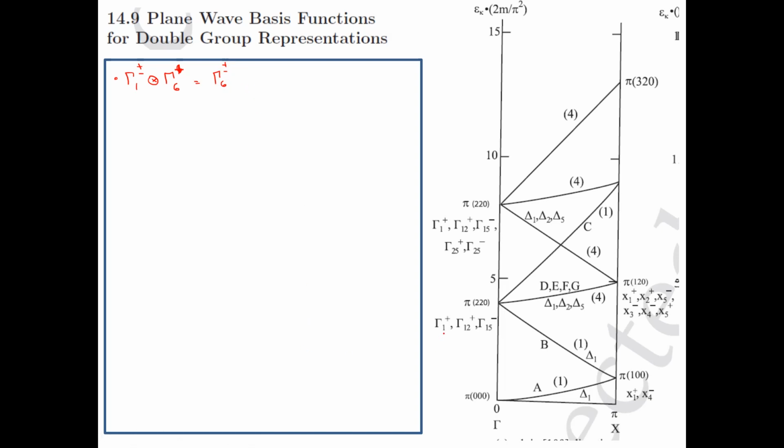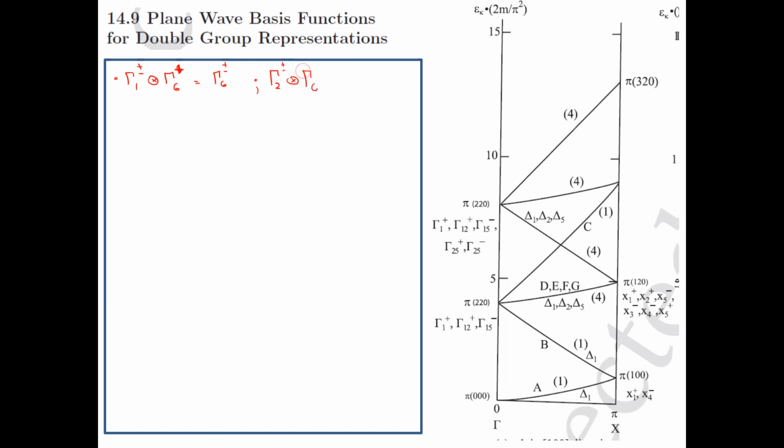So if you have a gamma 1 plus here, it will basically change the label, change the notation from gamma 1 plus to gamma 6 plus, right? The same happens for gamma 2 plus or minus.